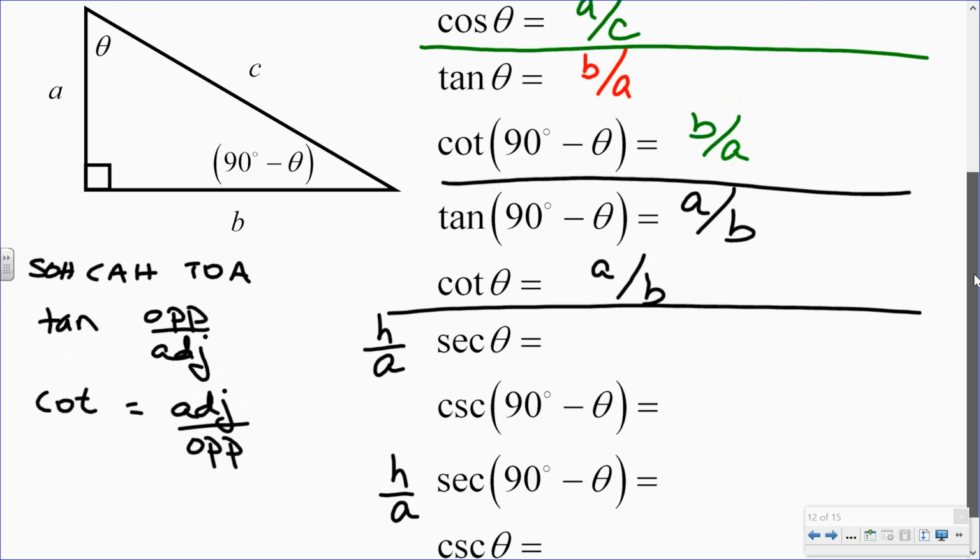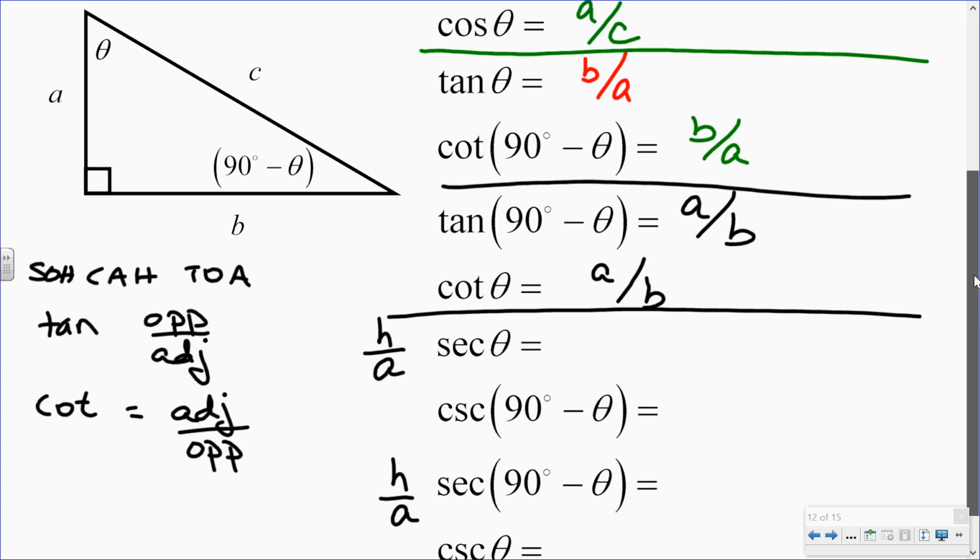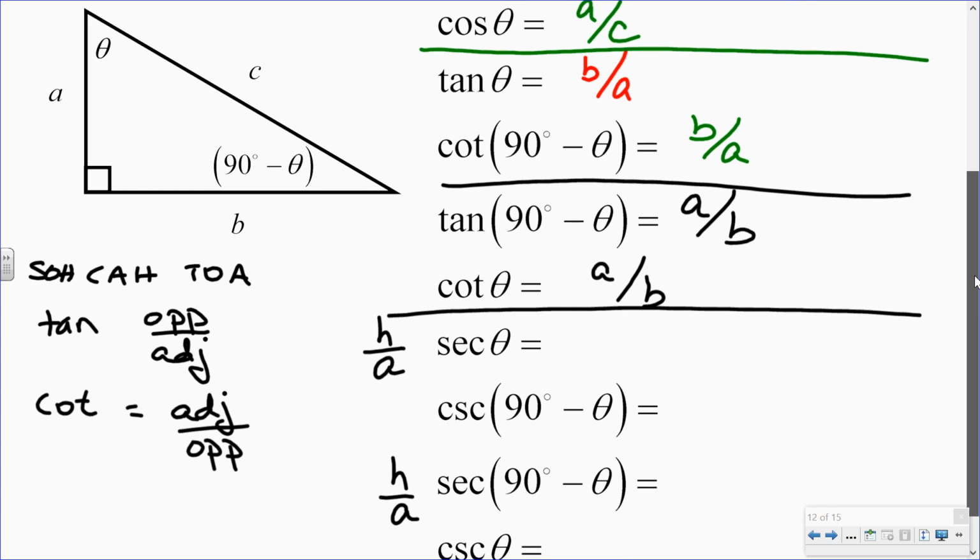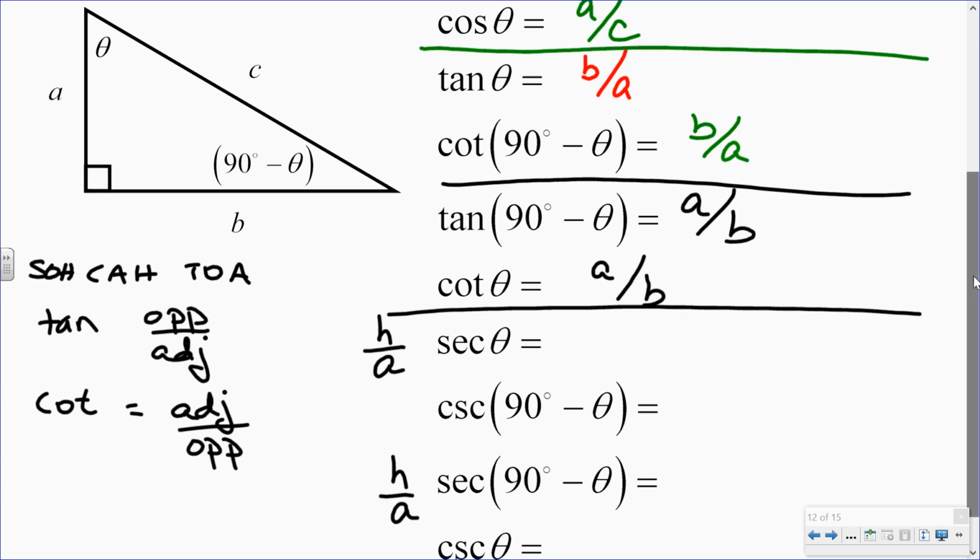So for theta, what will its secant be? What will hypotenuse over adjacent be? C over A. I guess I shouldn't use A in two different ways. For 90 minus theta, what is hypotenuse over adjacent? C over B. Okay, cosecant is 1 over sine, right?